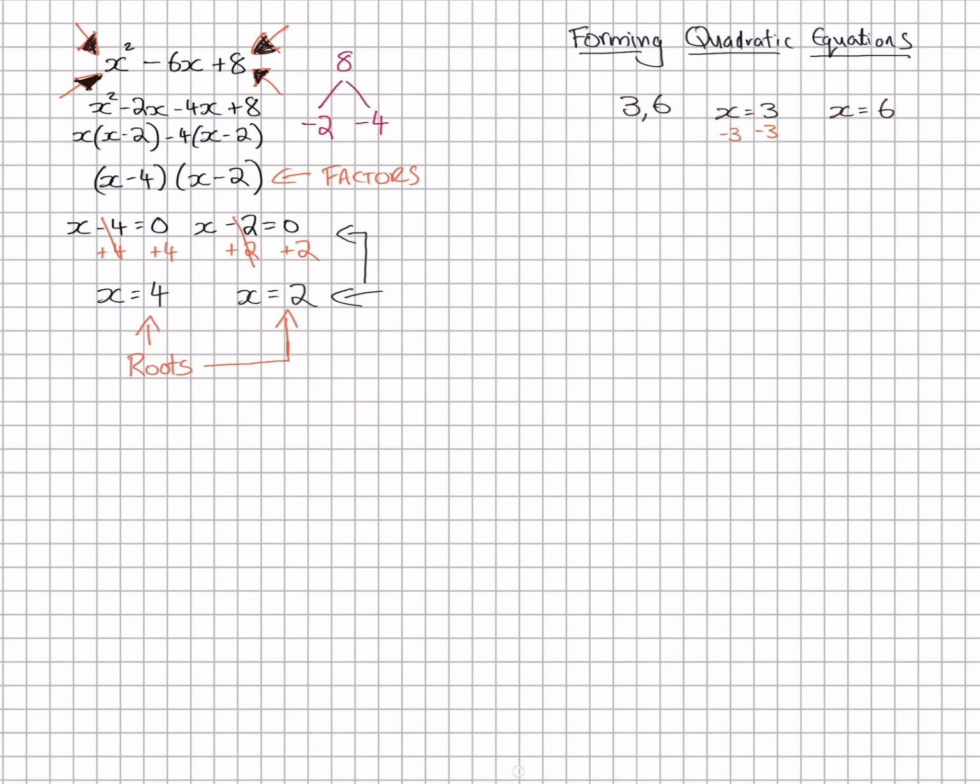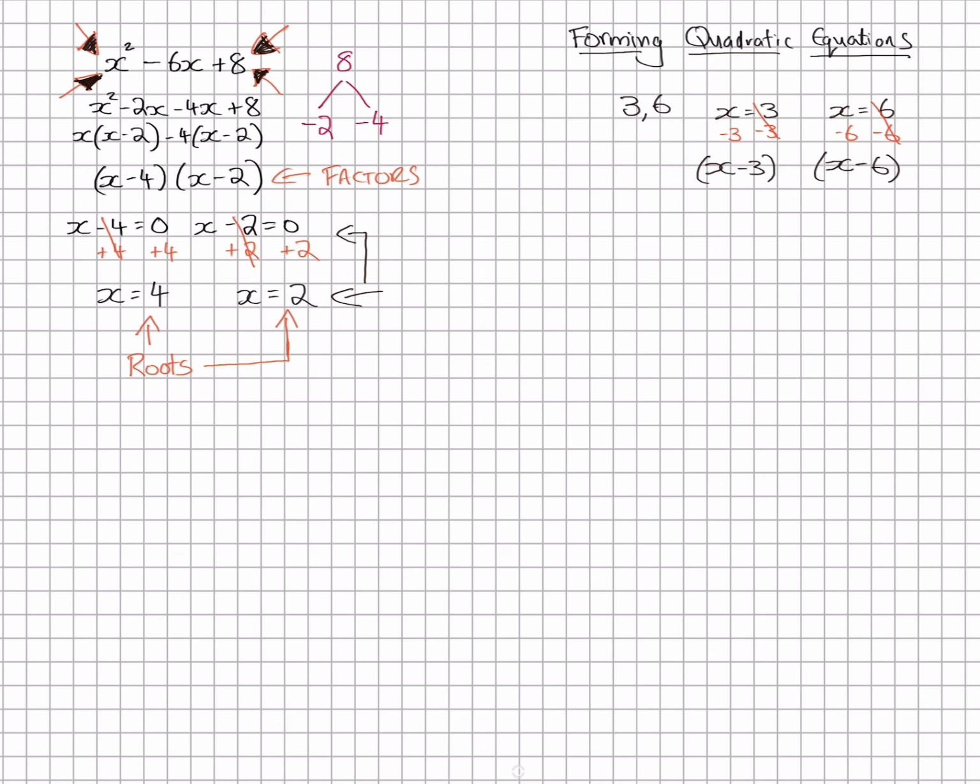And this is a plus 6, so I minus 6 to both sides. That cancels, that cancels. So we have x minus 3 and x minus 6. Now we have our factors of our quadratic equation.